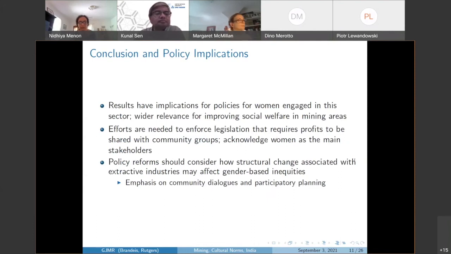What we would push for in terms of policy is an emphasis on community dialogues and planning, which brings in more of the local population, instead of this being a top-down process where mining comes in and enclaves build up, often with undesirable consequences. I'll stop there.